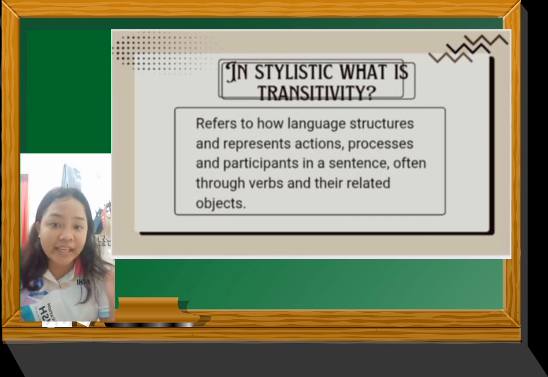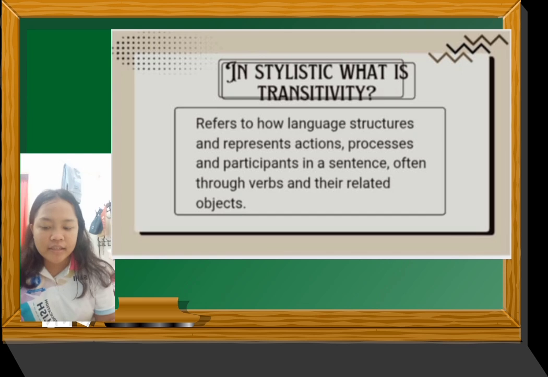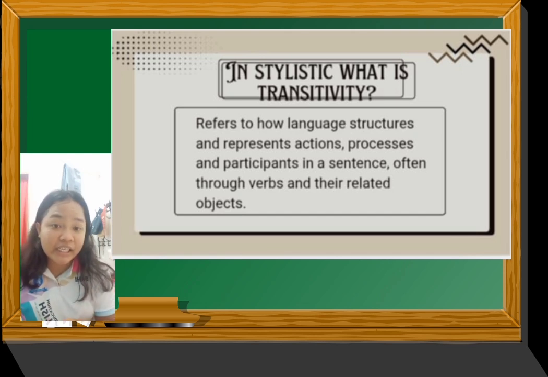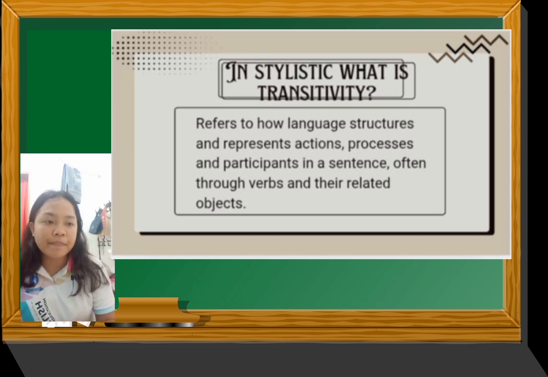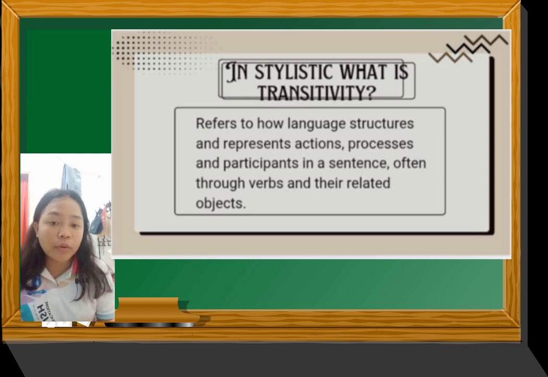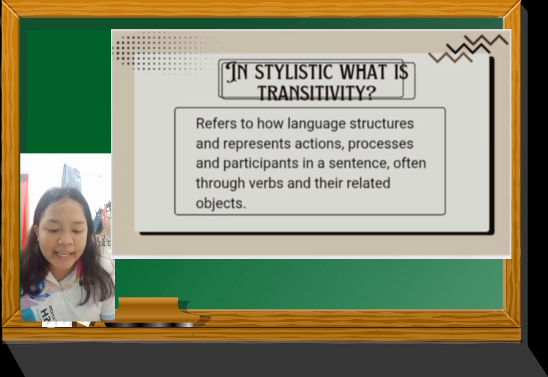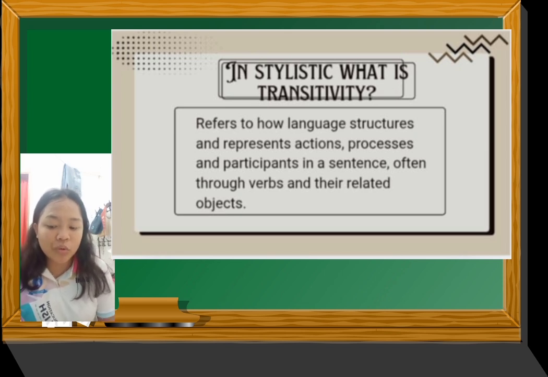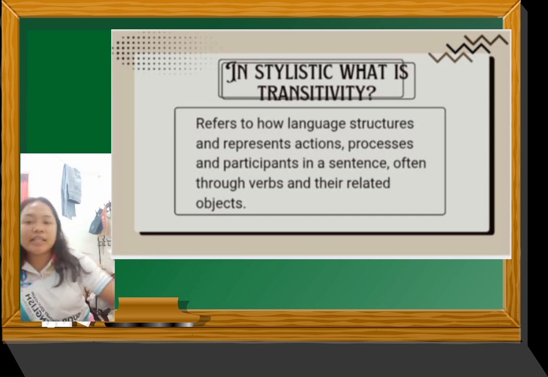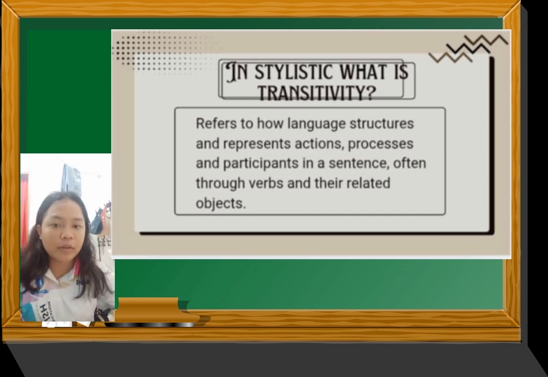The verb is linked to she, like subject-verb agreement, because the verb agrees with the noun she. Then she is linked to the role of doctor, because she is a doctor. This can be used to analyze social structures and power dynamics in the text. So it is very understandable.